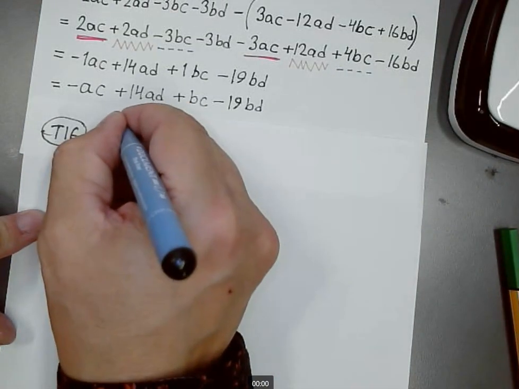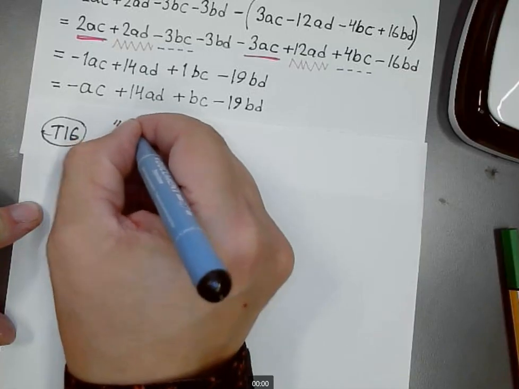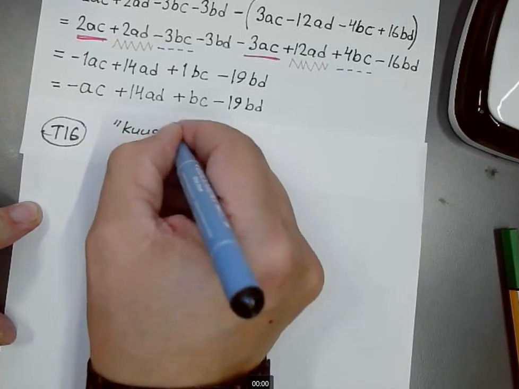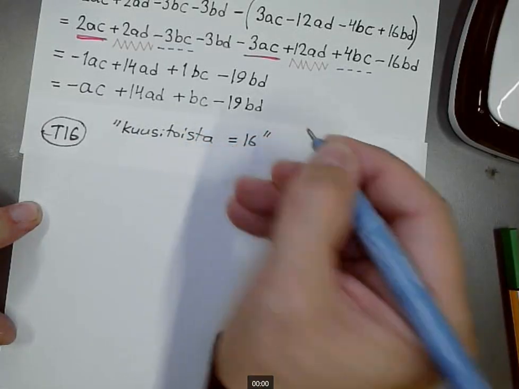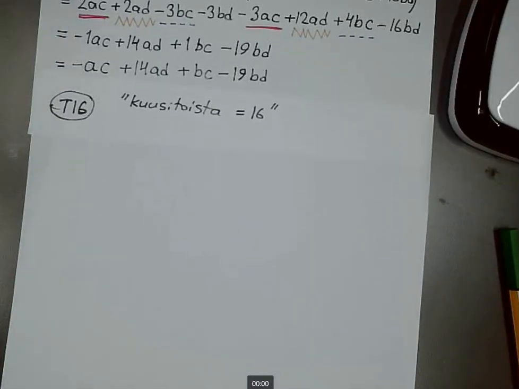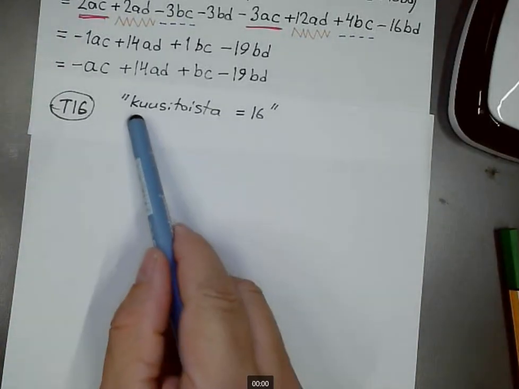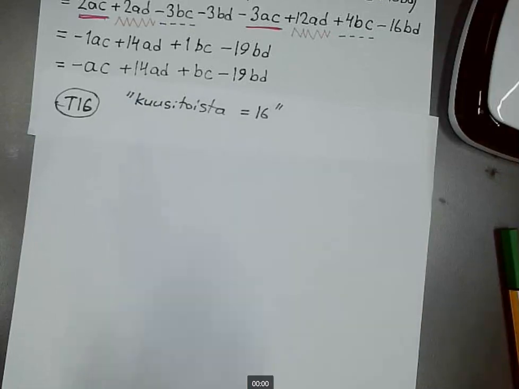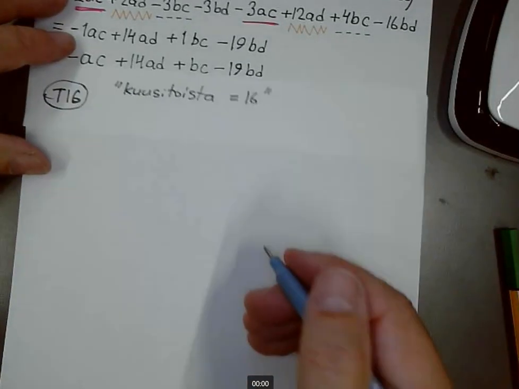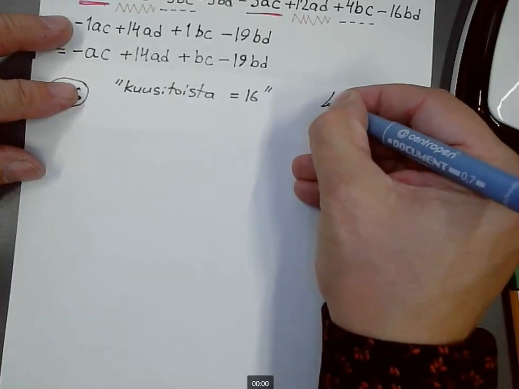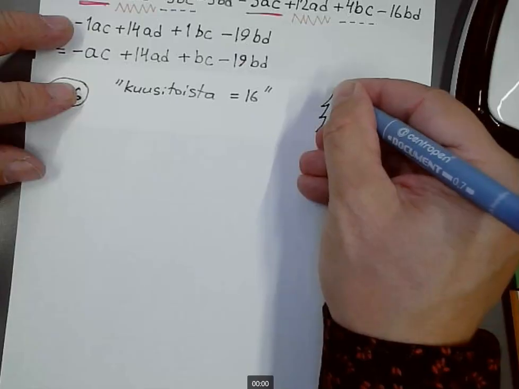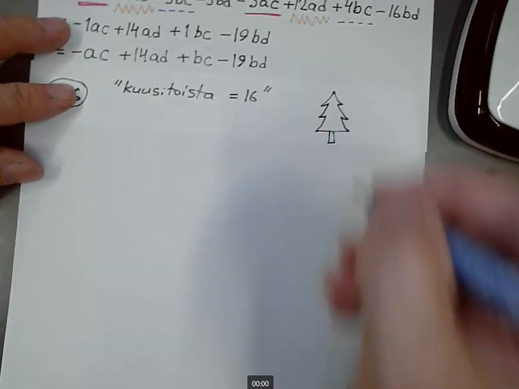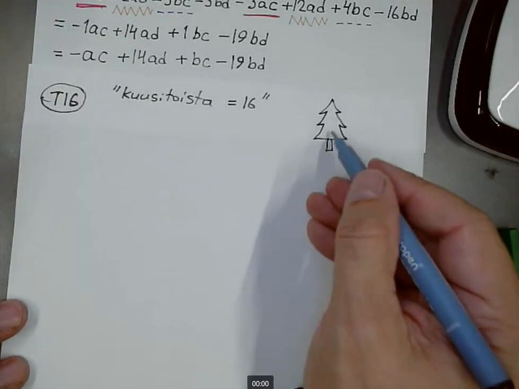I will write it. Kuusitoista equals 16. Kuusi means 6. Kuusi also means in the Finnish language this Christmas tree. I don't know, is it pine? Or sorry, what is this in English?